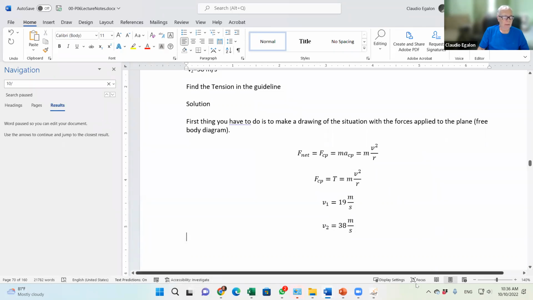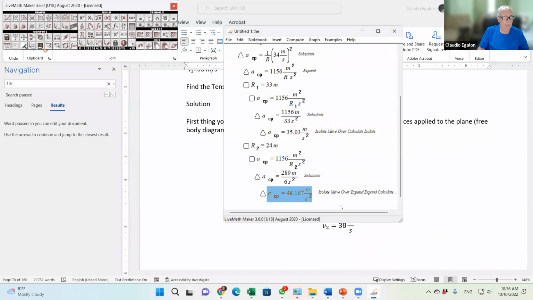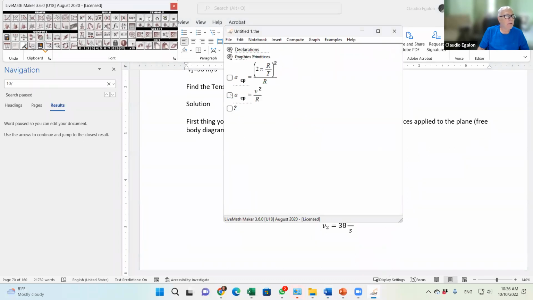Okay, so let's go ahead and solve this problem. Here you go. Tension is equal to mass times centripetal acceleration. Centripetal acceleration is v squared over r. And then we have all those values: the mass, 0.9 kilograms, and r is 17 meters.